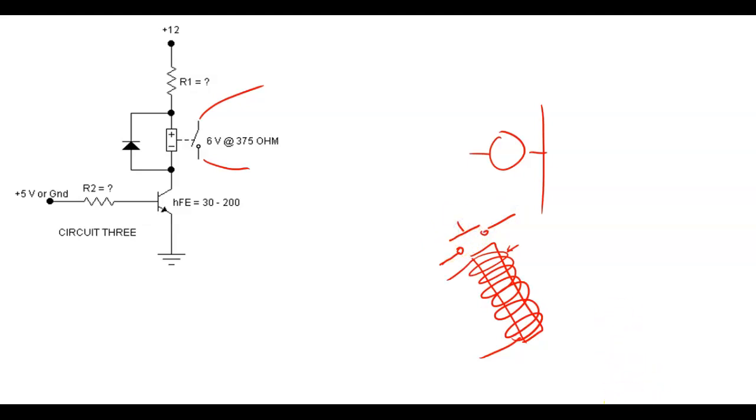It's got metal on it. Then I put power across this, it generates a magnetic field, and it will automatically close that switch. If I turn the power off, if this has got a spring on it, then it would automatically turn off. This is a relay. So a relay is an electrically controlled switch.